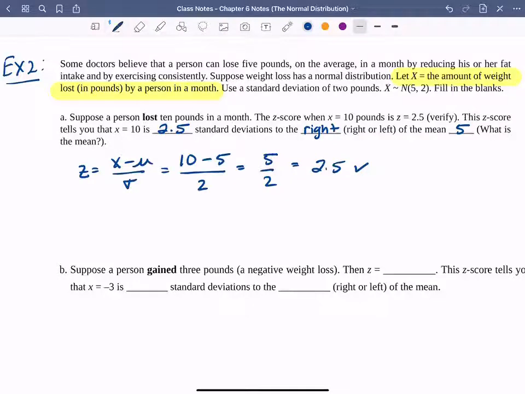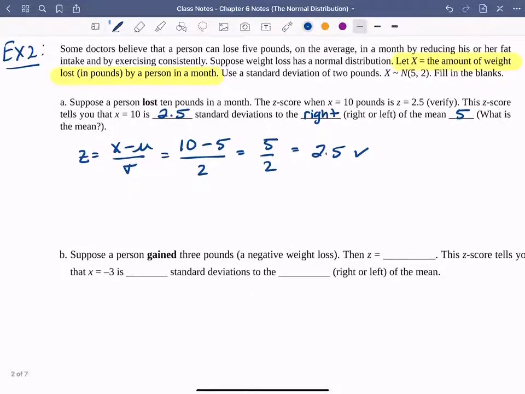Visually, this is what it is. It means that we're going to the right. We have a positive z value, correct? We said if it's to the right, it's positive values. And because our z is 2.5, that tells us our z is how many standard deviations away from the mean your x value is. And our mean is 5.